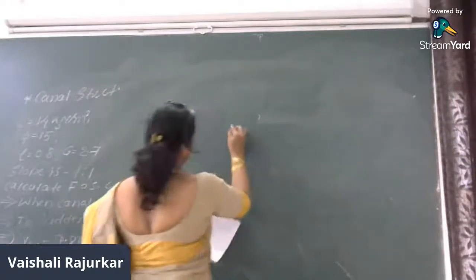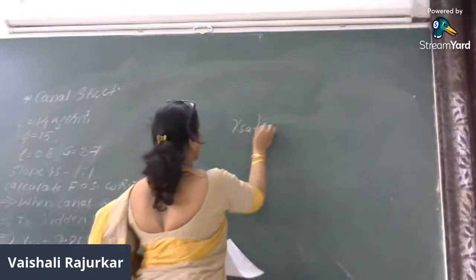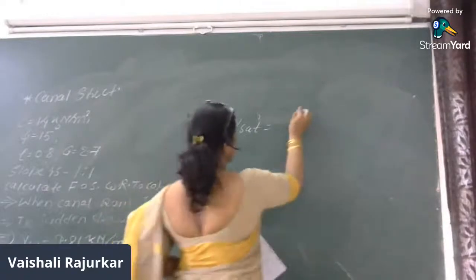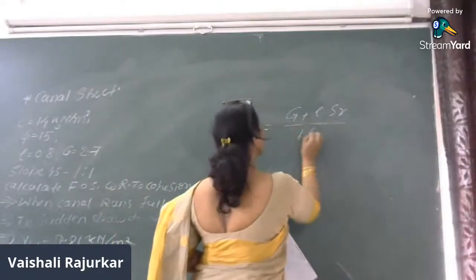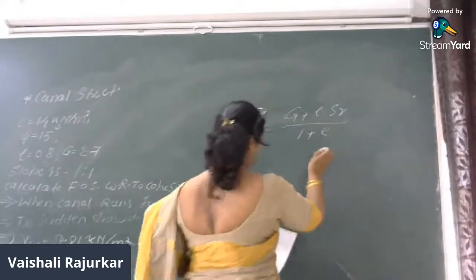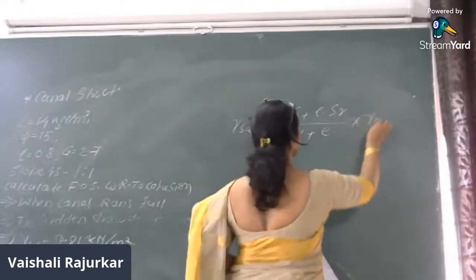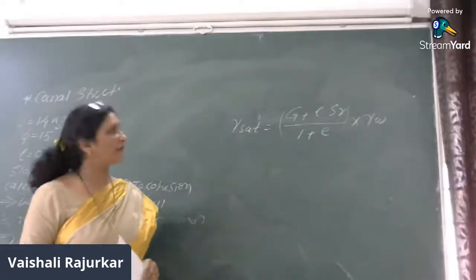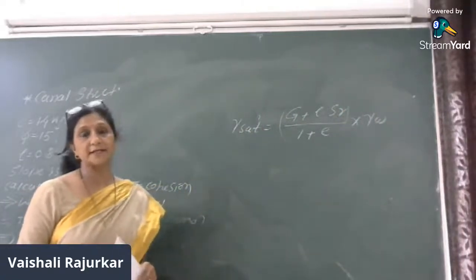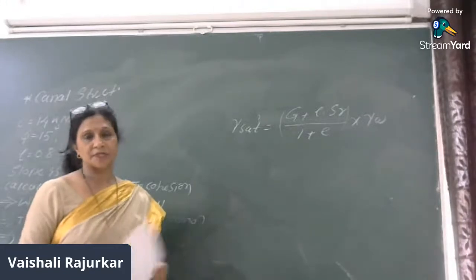Gamma saturated is equal to (G plus e into Sr) upon (1 plus e) into gamma w. Now what is G? G is the specific gravity, e is the void ratio, and Sr is the degree of saturation.